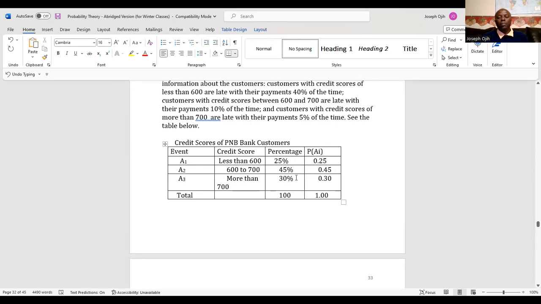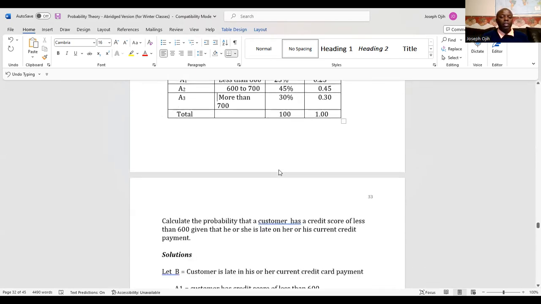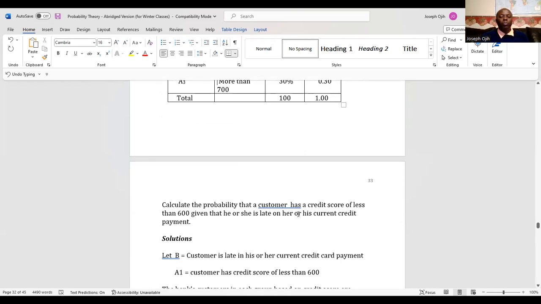Then 30% of them have a credit score of more than 700, which is 0.3. So now it says calculate the probability that a customer has a credit score of less than 600, given that he or she is late on his or her credit payment.